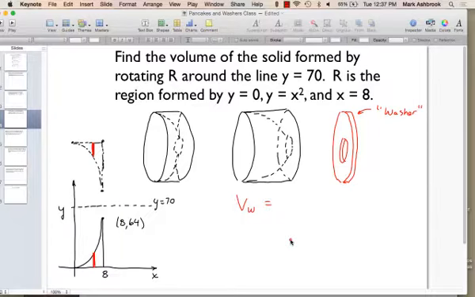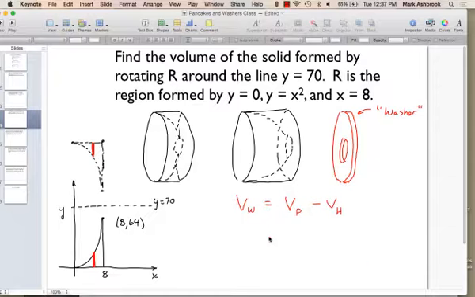Or cylinders, yes. So it's going to be the volume of the big pancake minus the little pancake. Volume of the pancake minus the volume of the hole, and that gives us the volume of the washer.